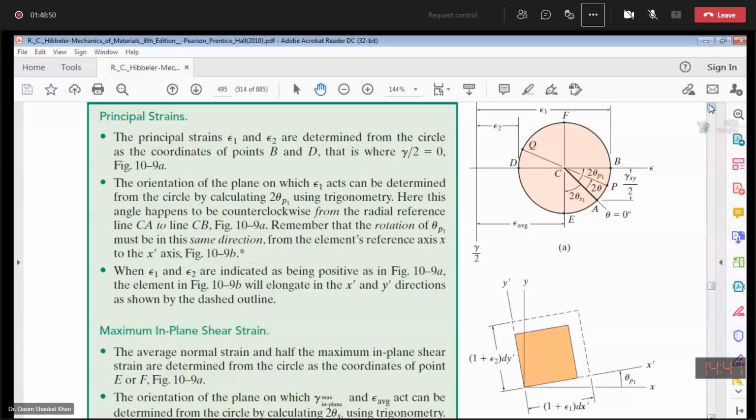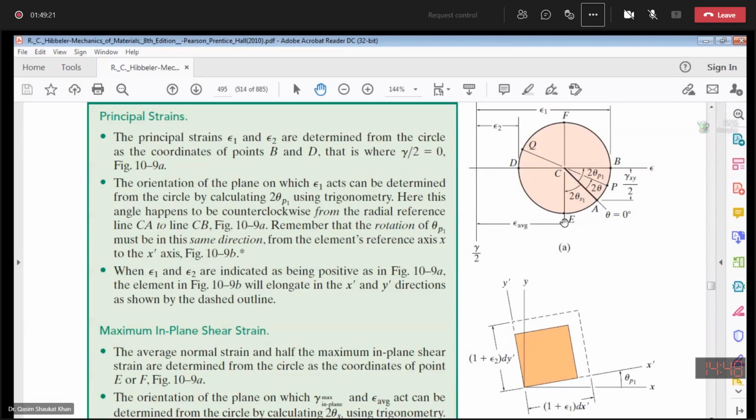Next is the maximum in plane shear strain. So these 2 points E and F represent the in plane shear strain. As we have already designated, the shear strain downwards is positive and the shear strain upwards is negative. So this value of E will give us the maximum in plane value of the shear strain, whereas the value of F will give us the minimum value of the shear strain.